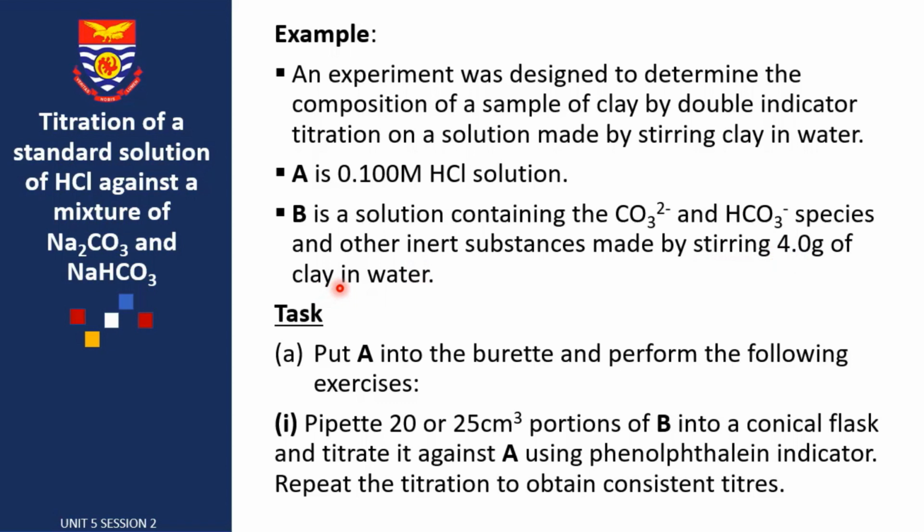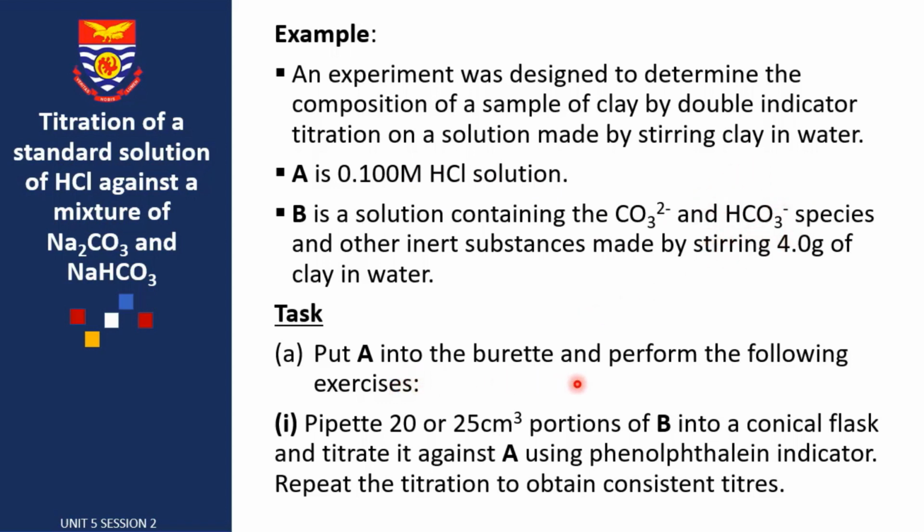Before we proceed, the calculations will be simple, but we would have to determine the volume of the acid that would react with the carbonate and then the volume of acid that would consume the bicarbonate.